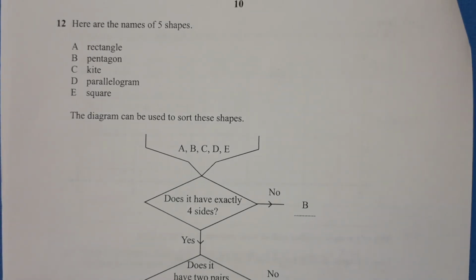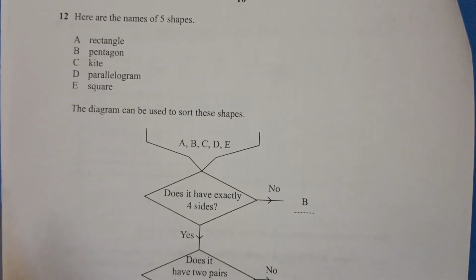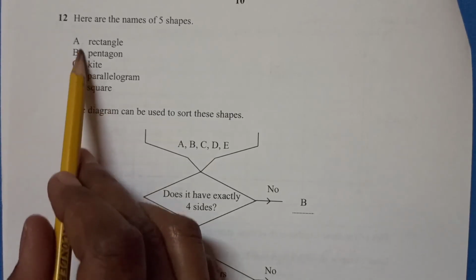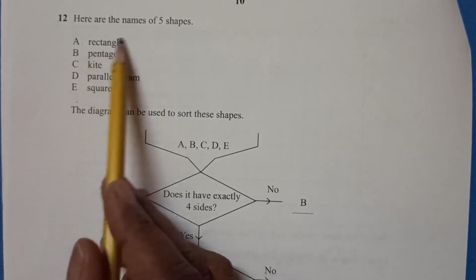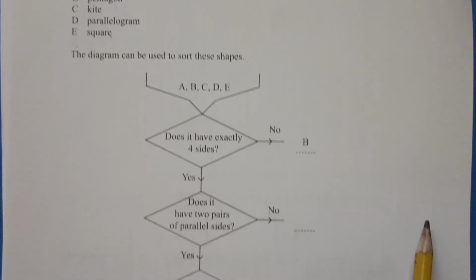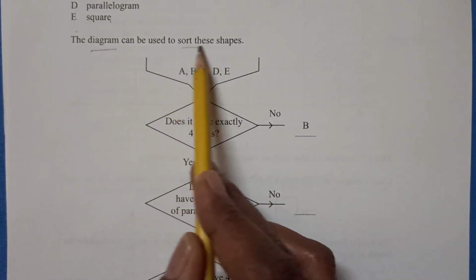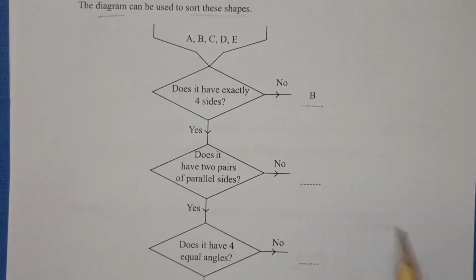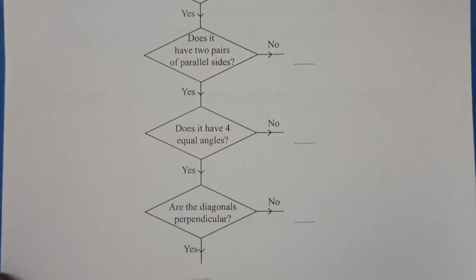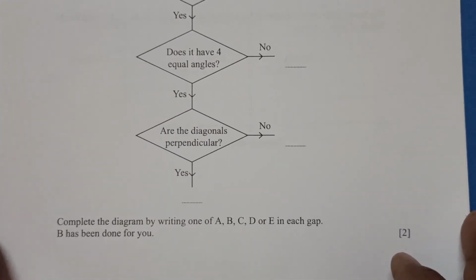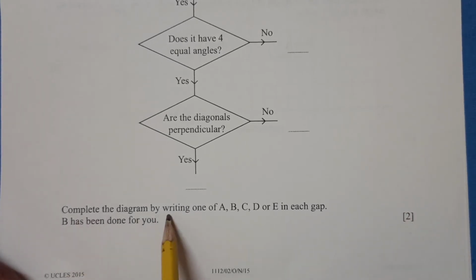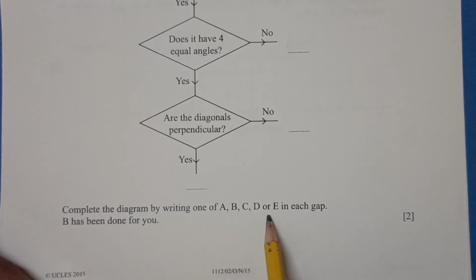Number 12, here are names of 5 shapes. So we have 5 shapes here, A, B, C, D and E. We are given different names here, so that the diagram can be used to sort these shapes. So this is kind of a function machine, you see. The question is, complete the diagram by writing A, B, C, D, or E in each gap.